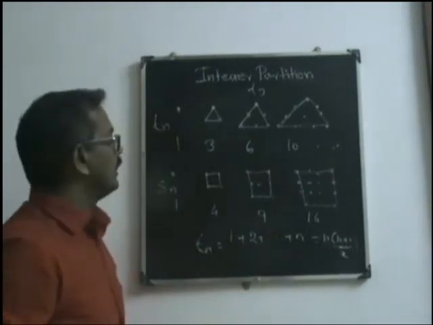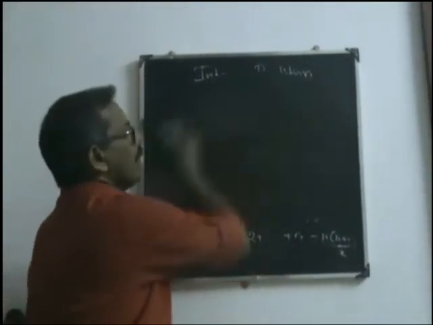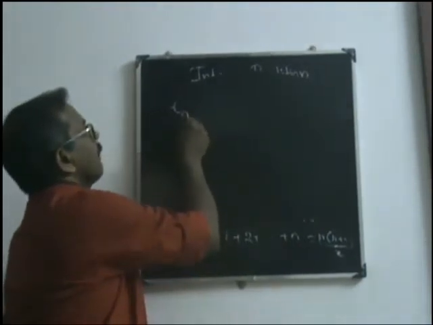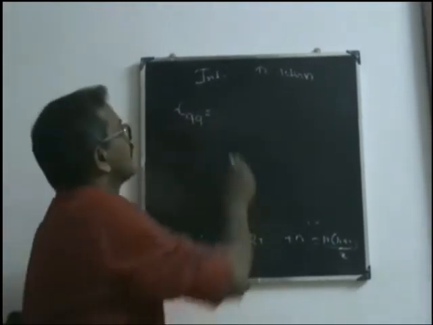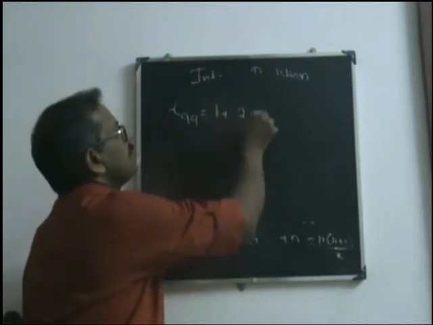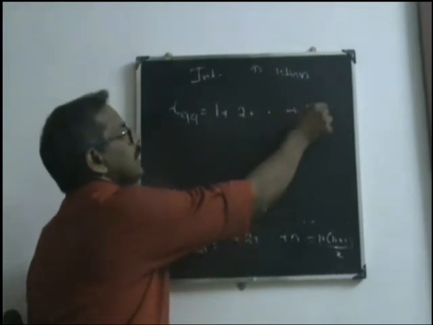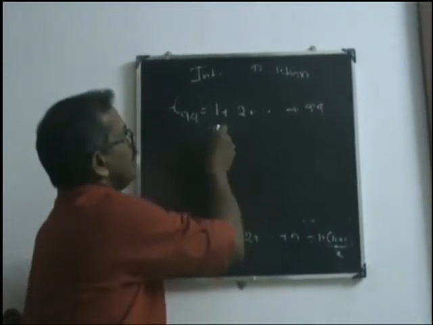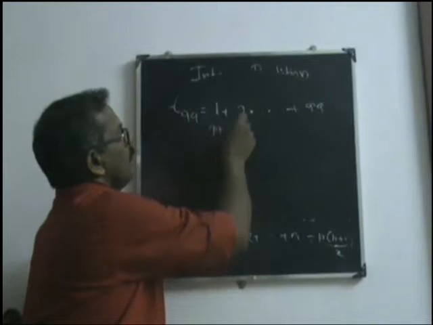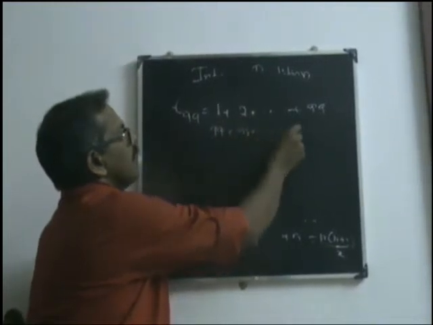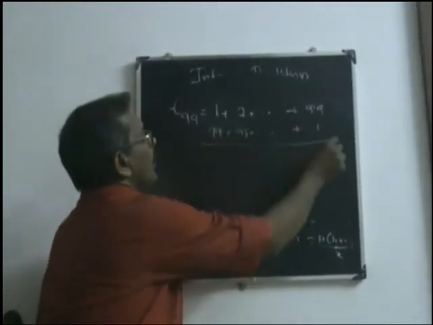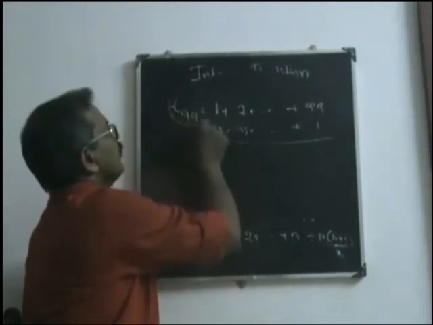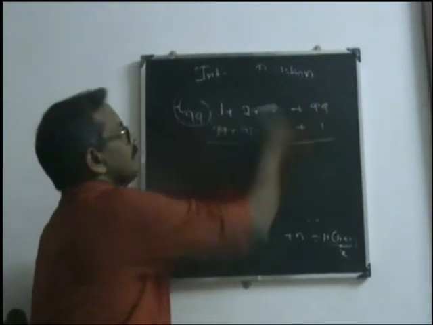How do we get that? For example, if you take T99, T99 is actually 1 plus 2 plus etc. plus 99, so we are adding all that. Now suppose you add 99 here, 98 here, etc., and here 1.